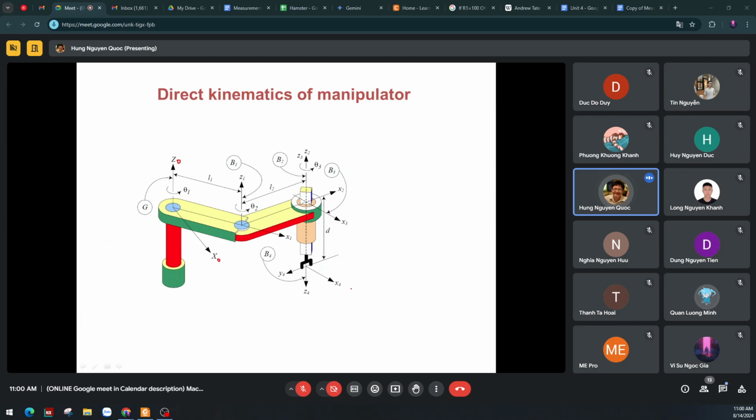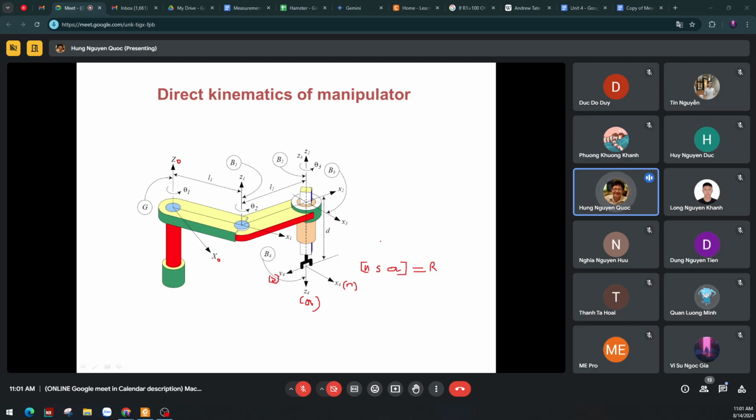I showed you before already. This is A, approach, and this is S, sliding, and normal, NSA. The orientation of the end effector is NSA. Remember, right? And this one is equal to the orientation vector of the end effector.